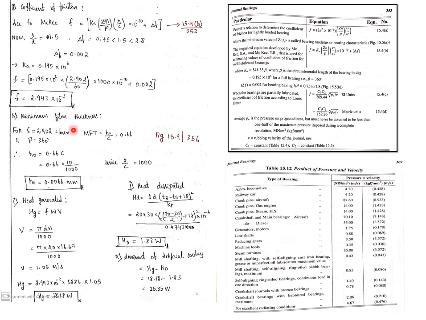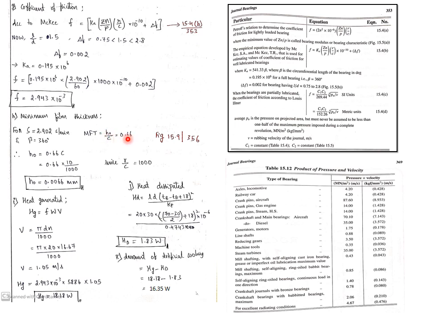Next is minimum film thickness. How to find the value of minimum film thickness? From the graph, you can check page number 356, figure 15.9. With respect to the Sommerfeld number 2.902 and beta equal to 360 degrees, corresponding to these two, if you check the graph, on the y-axis h0 by c is equal to 0.66.